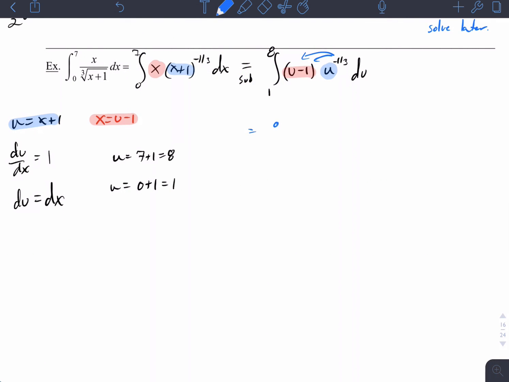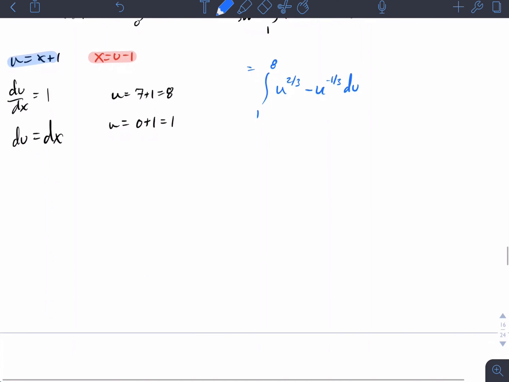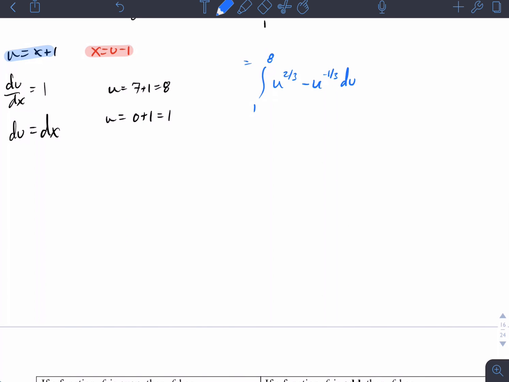Alright, so then from here what you want to do is now some quick distributive property. So you're going to go from 1 to 8 of u to the 2/3 minus u to the negative 1/3 du. Quick integration. So this is going to be u to the, let's see, add 3 over 3. So it's going to be 5 over 3 over 5/3 minus u to the 2/3 over 2/3. And this goes in from 1 to 8.